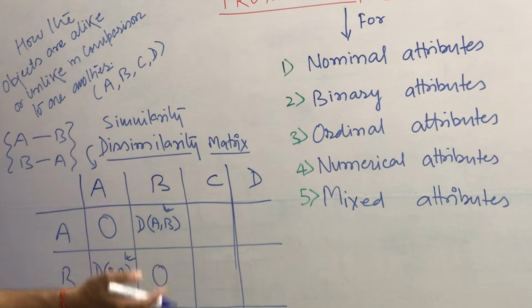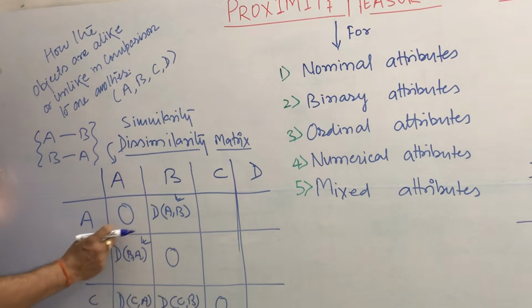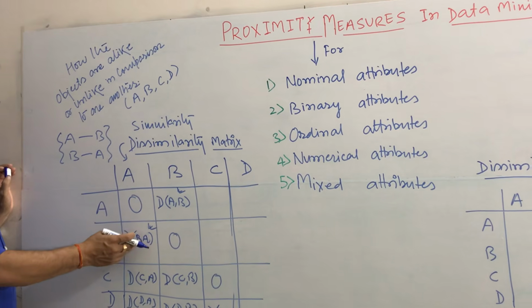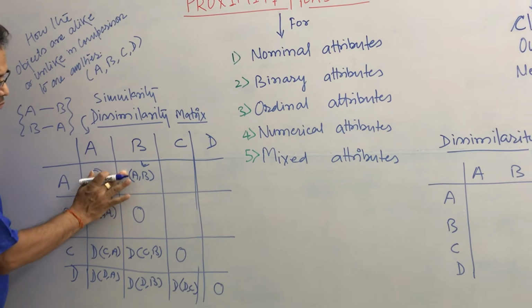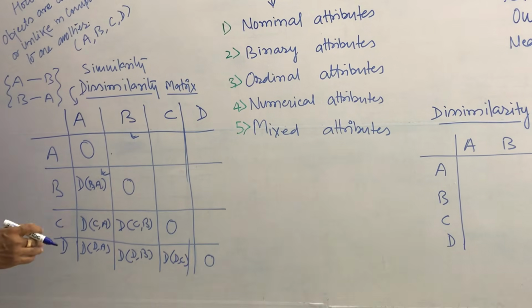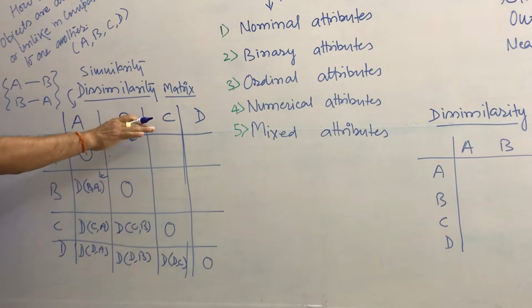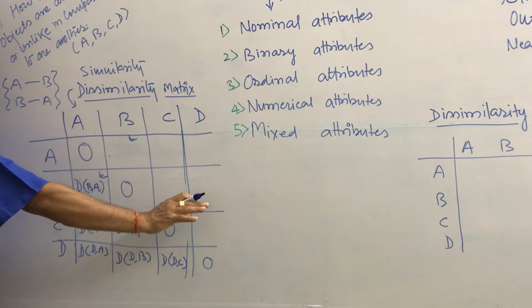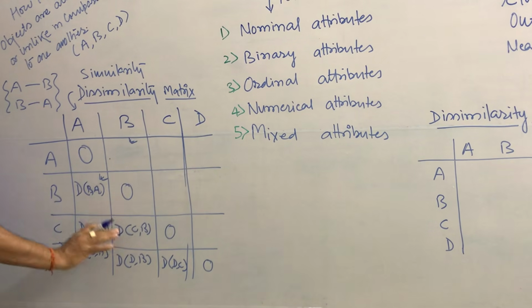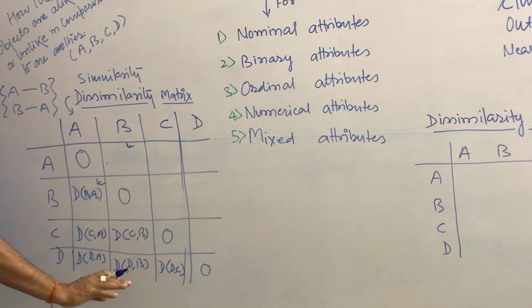So if you have already found the dissimilarity between B and A, there is no need to calculate A to B again. That's why the upper side of the matrix would be empty. You can take either the upper side or the lower side. I am taking the lower side.